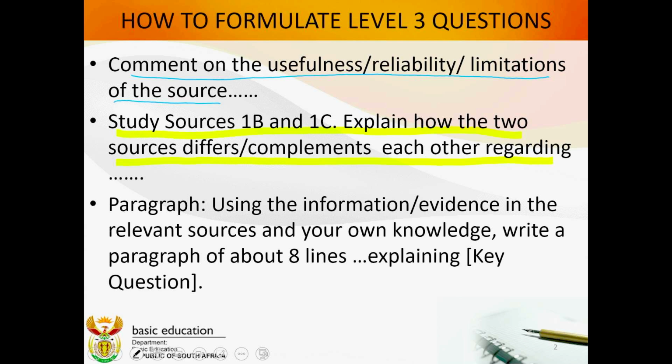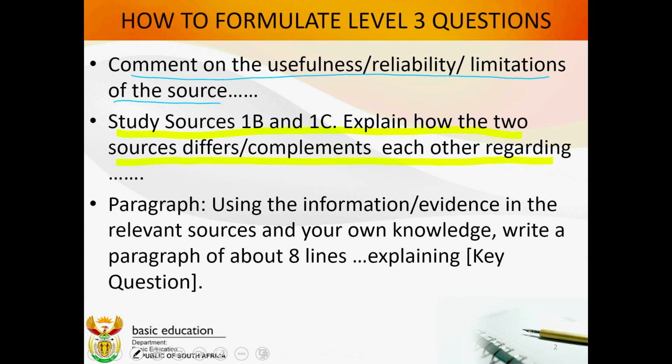Using the information or evidence in the relevant sources and your own knowledge, write a paragraph of about 8 lines explaining the successes of the Marshall Plan. So remember, this is just a guideline. We don't count those 8 lines.